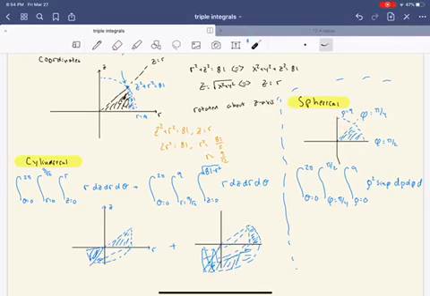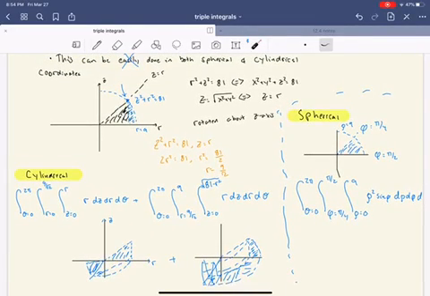Pi over 4 is that angle, pi over 2 is that angle. And then theta, of course, goes all the way around. There should be a d theta here that got marked off. My suggestion is, if you're very motivated, try to do this both ways and see if you get the same answer.